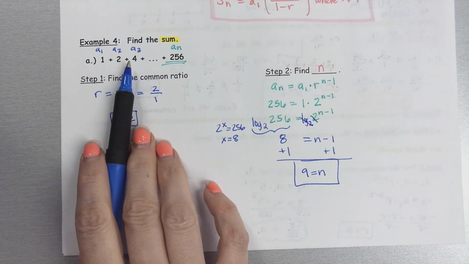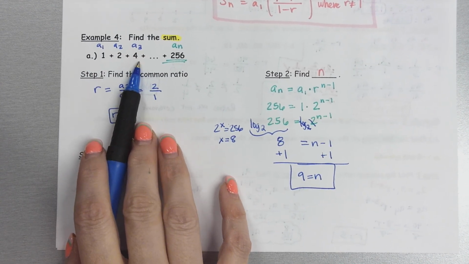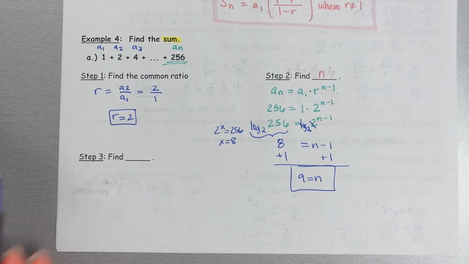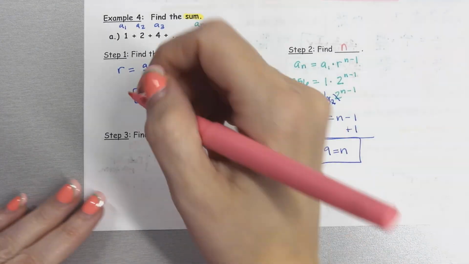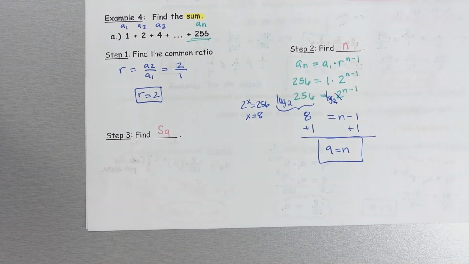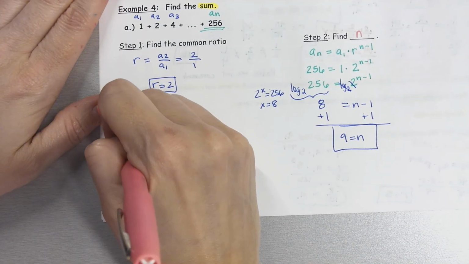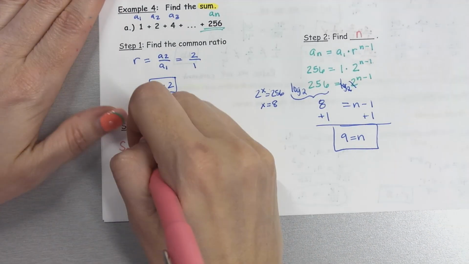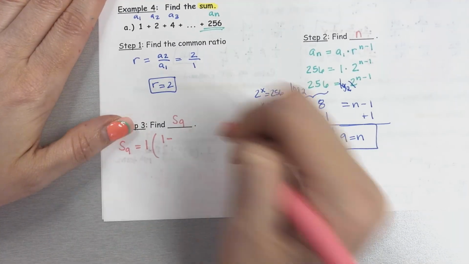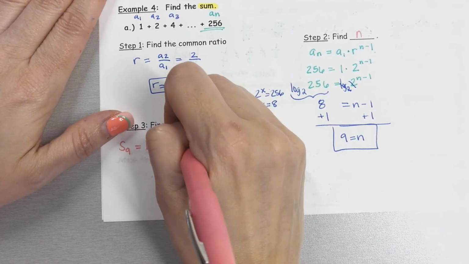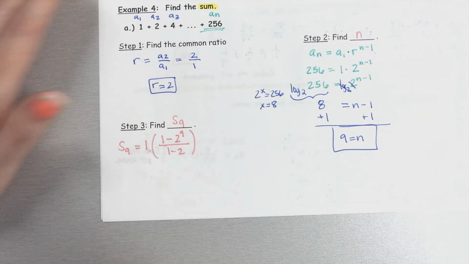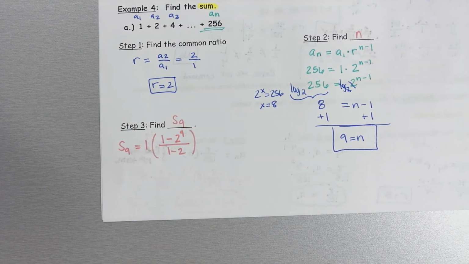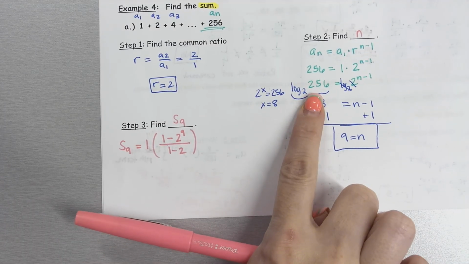Okay, if you wanted to keep multiplying by 2, you would just demonstrate that, right? A to the 4th, A to the 5th, A to the 6th, 7th, 8th, 9th. And now we can find our sum because we know what our value of n is. We can find S sub 9. So S sub 9 is going to equal our first term, 1, times 1 minus r to the nth over 1 minus 2. We just talked about 2 to the 8th being 256.